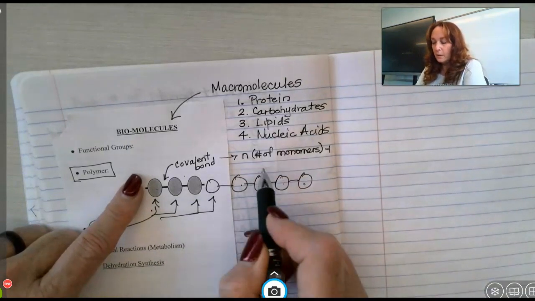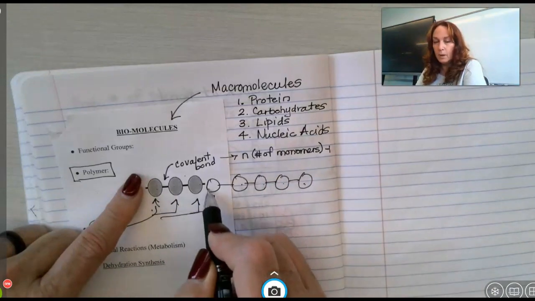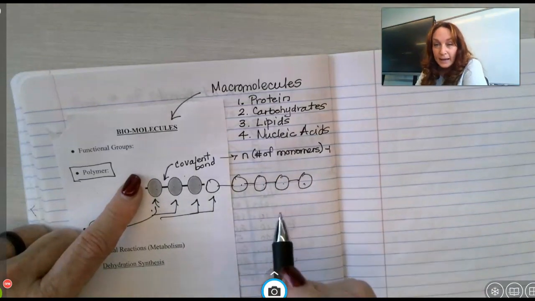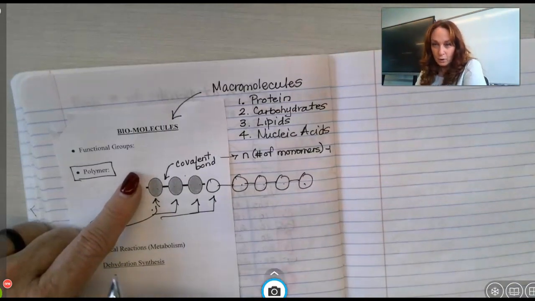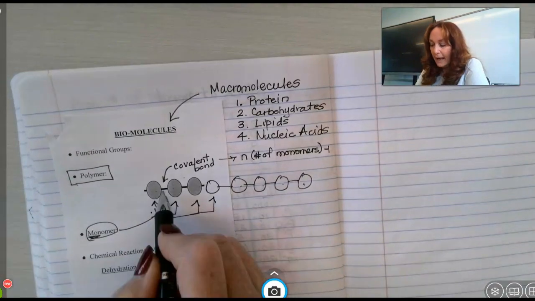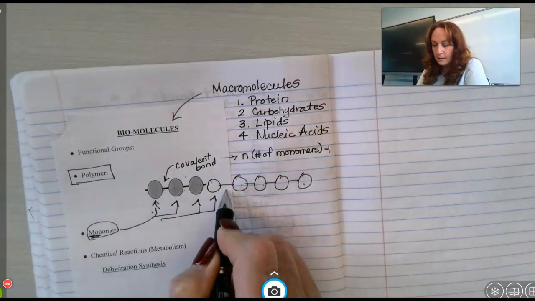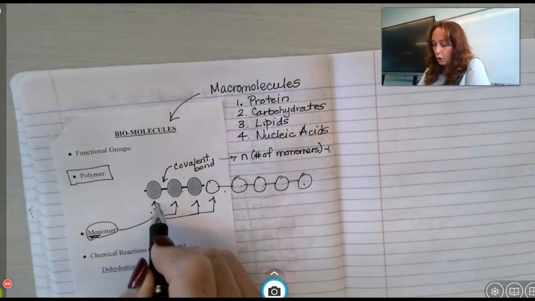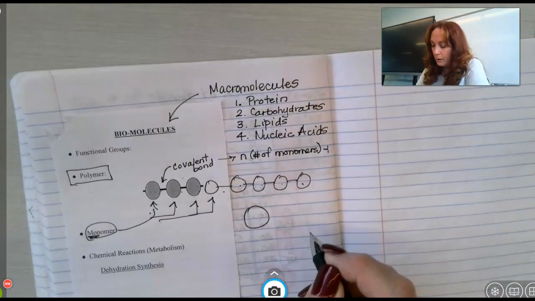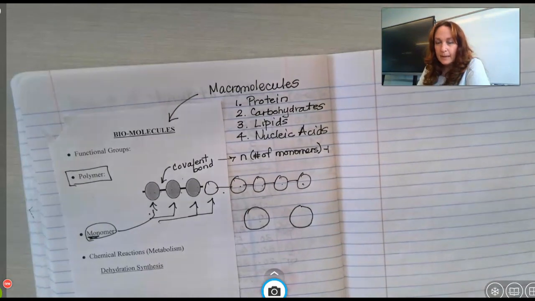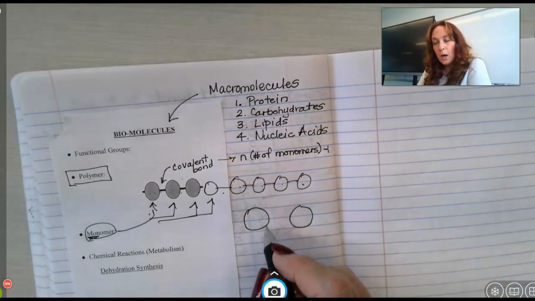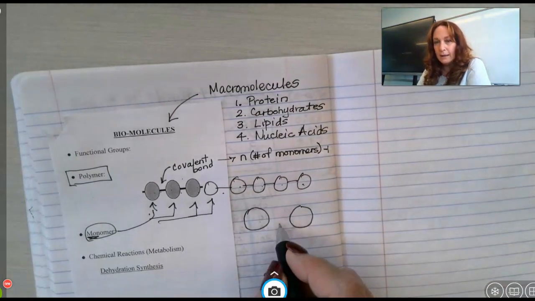It's always going to be 1 less than the number of monomers you have. 1,000 is much more realistic than 8, but nobody wants to draw 1,000. So you're going to have that many covalent bonds, where you took a monomer and a monomer that were separate, and then go through a process to create that covalent bond.